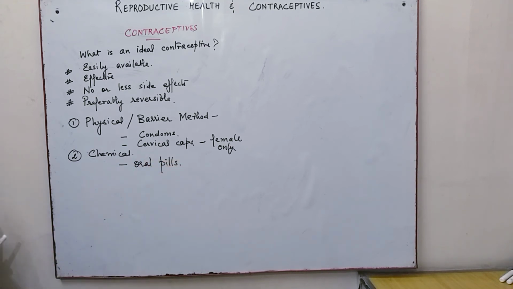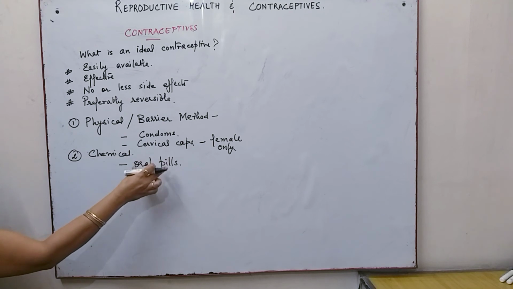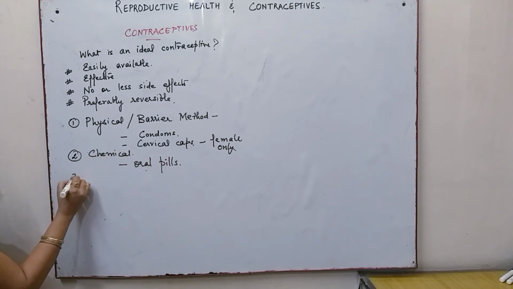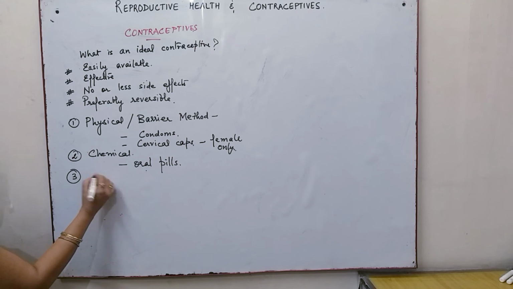These oral pills change the hormonal balance of the body. As a result, egg formation does not take place, and since eggs are not formed, no fertilization can happen. So the oral pills do not allow the formation of the egg, and as a result pregnancy is avoided.